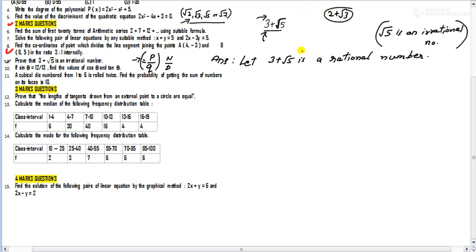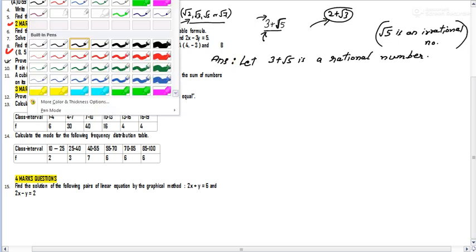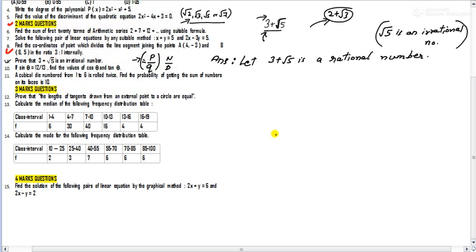Only the value they have given changes, but the steps will be the same for all. Whatever I am writing, just look and understand.